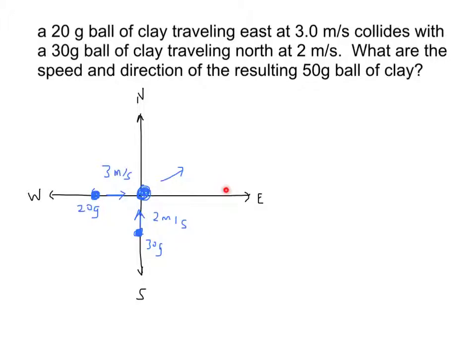I'll remember that the momentum before, m times v before, is going to be equal to m times v after, because the momentum is conserved, or we're going to presume it's conserved.